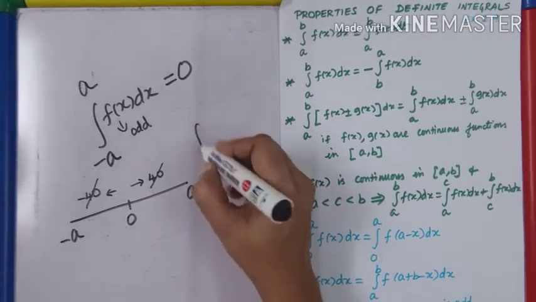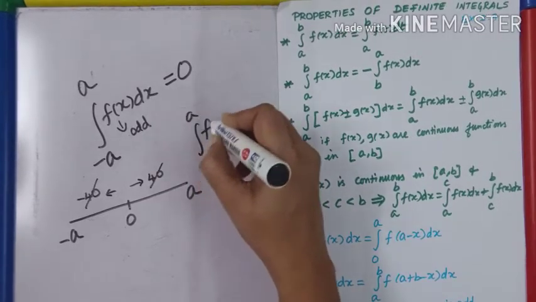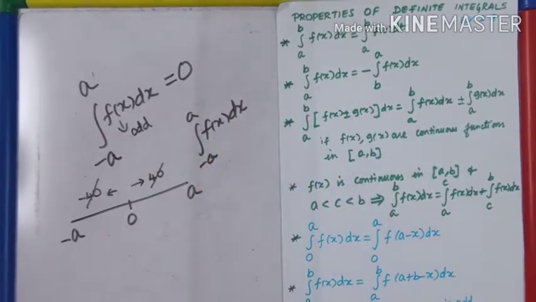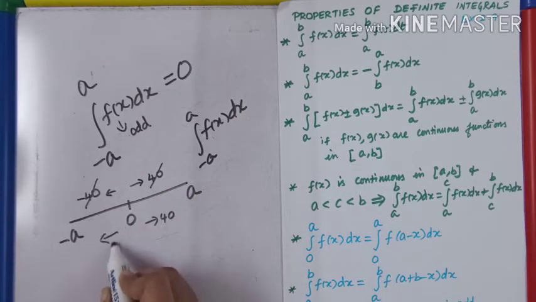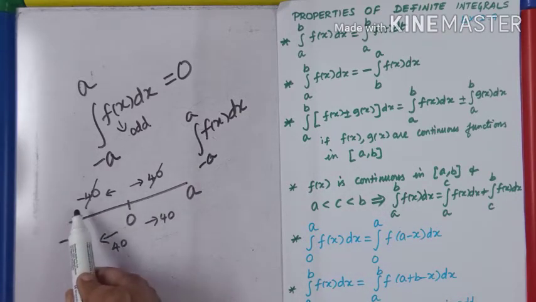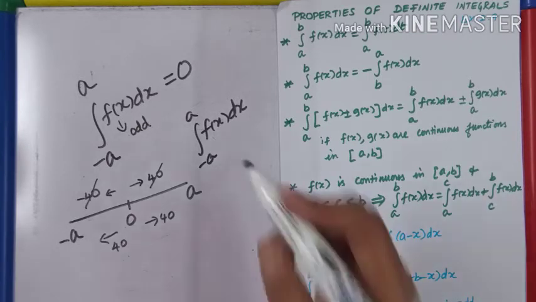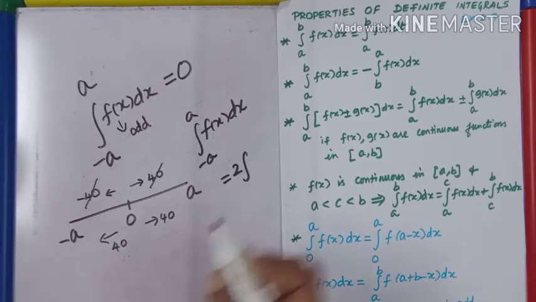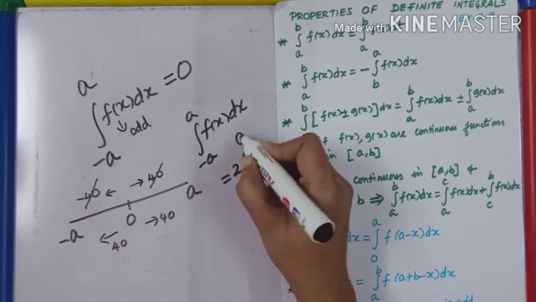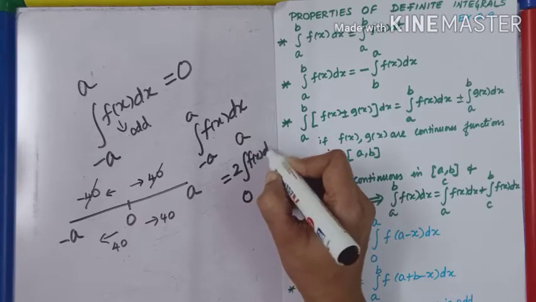Suppose it is even. Now what happens? Here it is plus, and here also plus, because it is an even function. Odd means sign changes. Even means sign doesn't change. Now it becomes 2 times, because plus and plus is twice. So 2 times integral 0 to a f of x dx.